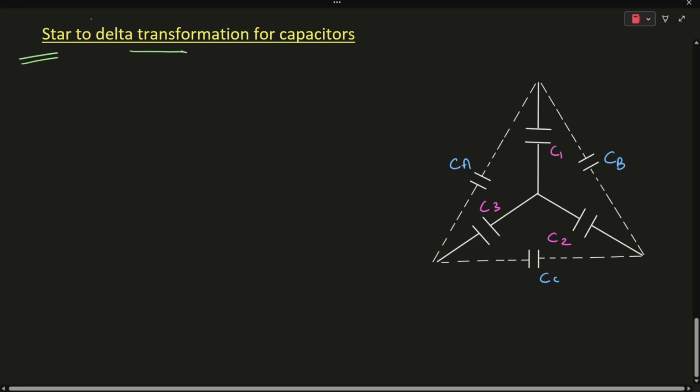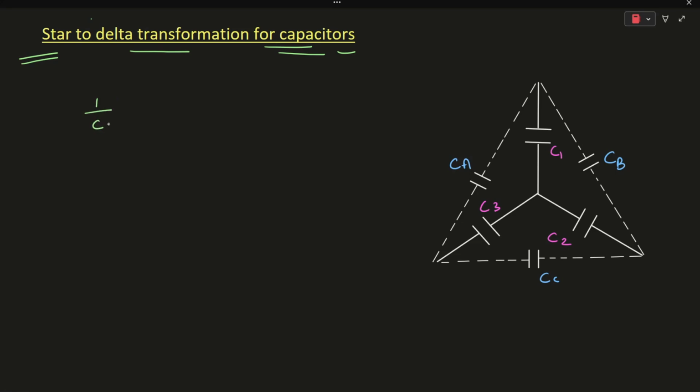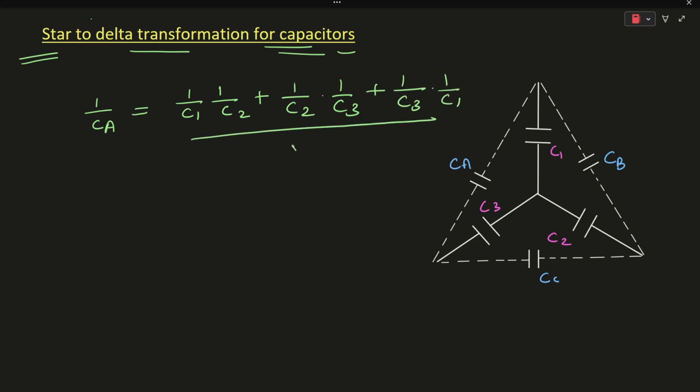Similarly, in case of star to delta transformation for capacitors, 1 upon CA will be equal to 1 upon C1 into 1 upon C2 plus 1 upon C2 into 1 upon C3 plus 1 upon C3 into 1 upon C1 divided by 1 upon C2. On further solving it, we get the value of CA will be equal to C1 C3 over C1 plus C2 plus C3.